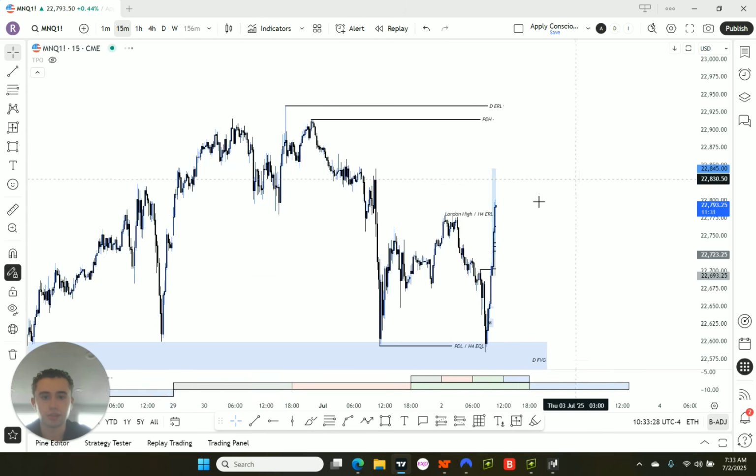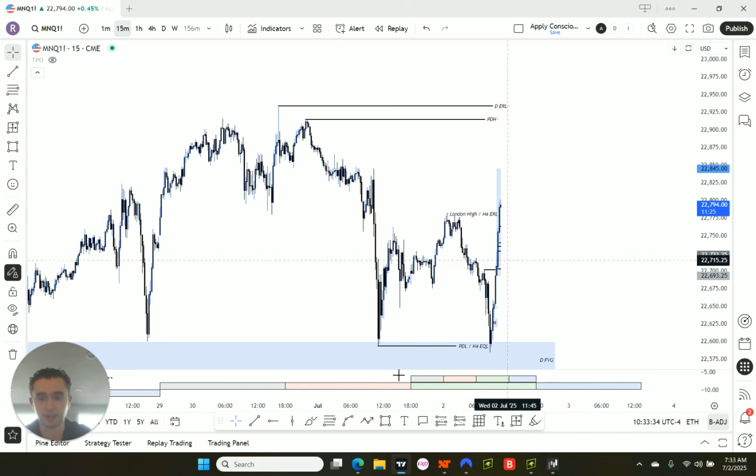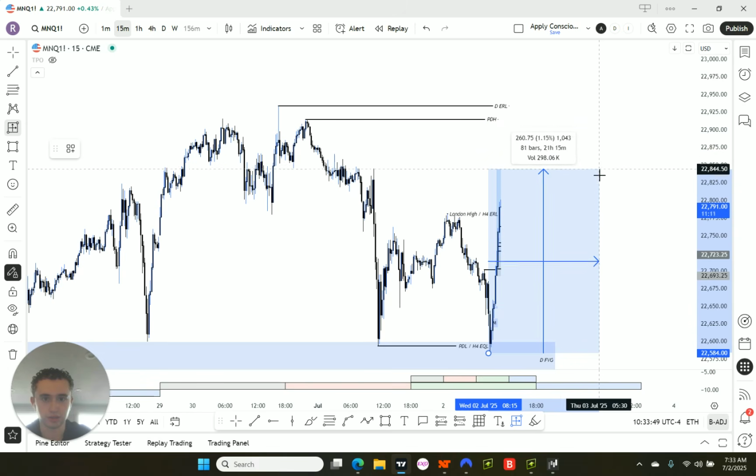I'm just gonna look at yesterday's daily range. Yesterday's daily range was here to here. It's 319 points. Today's daily range is 300.